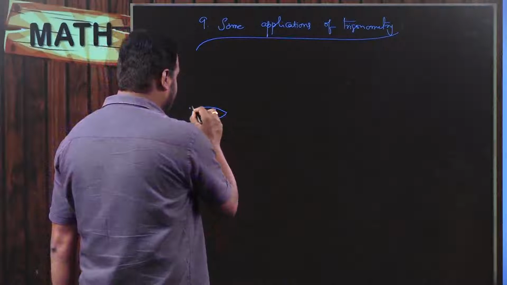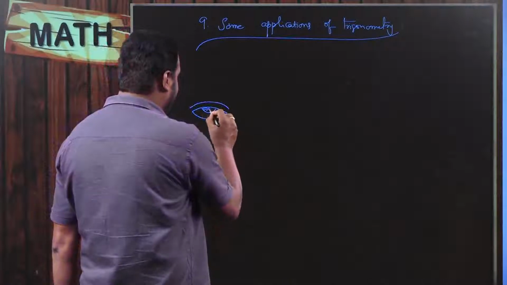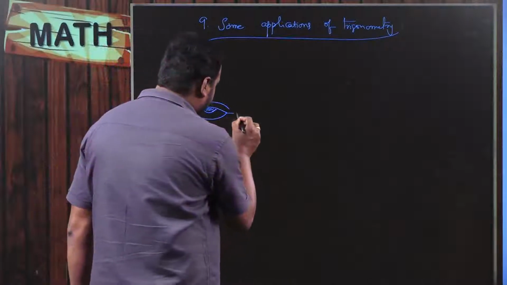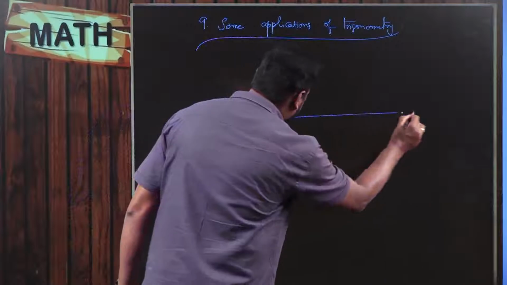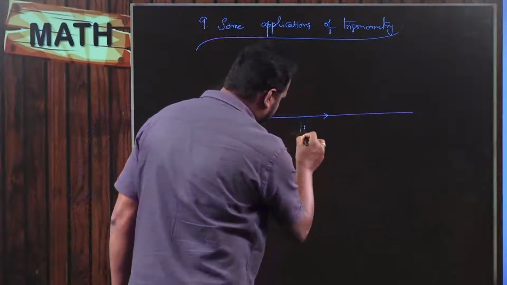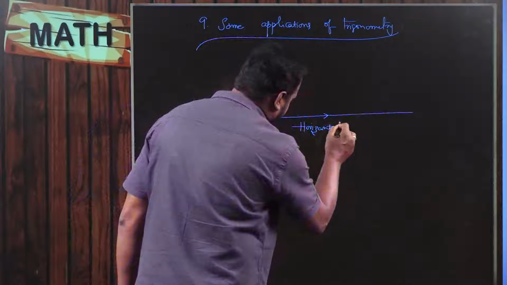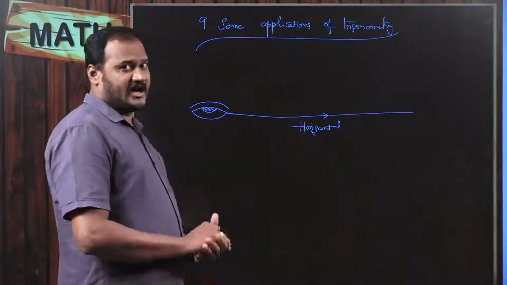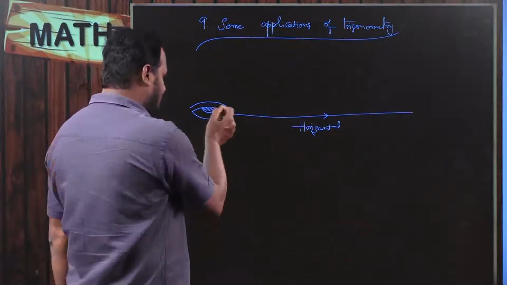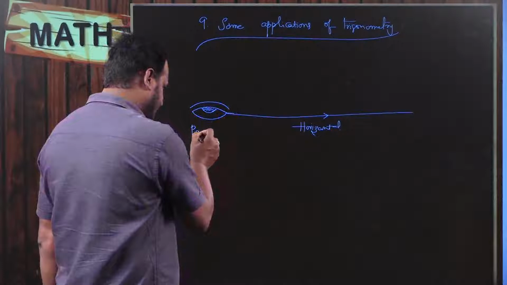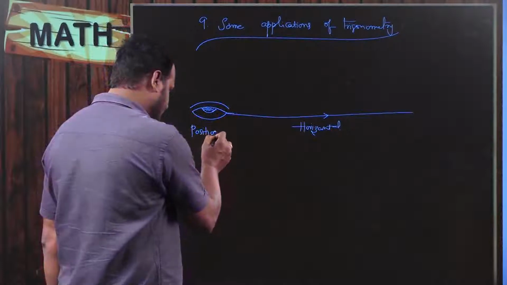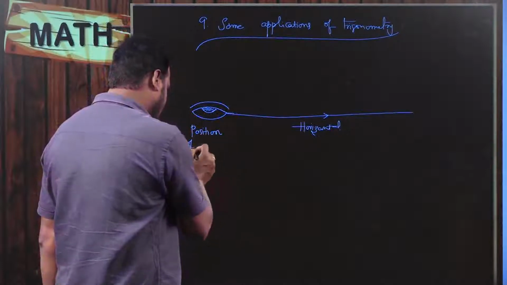So when the observer is not observing anything, this is called the horizontal line, because I am not observing anything. This is the position of observer.